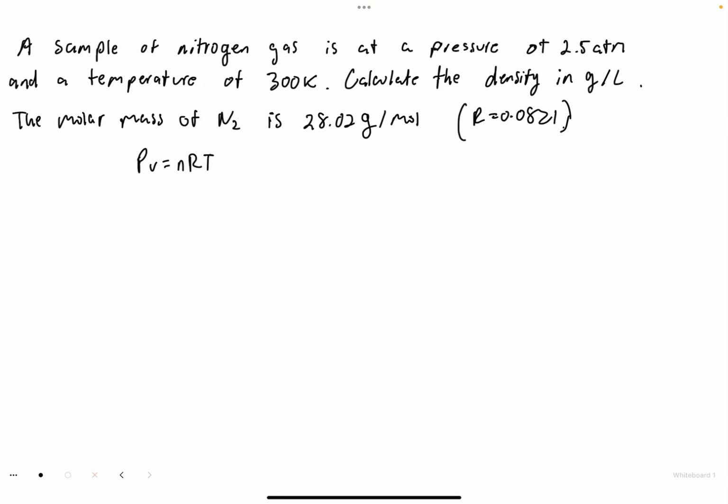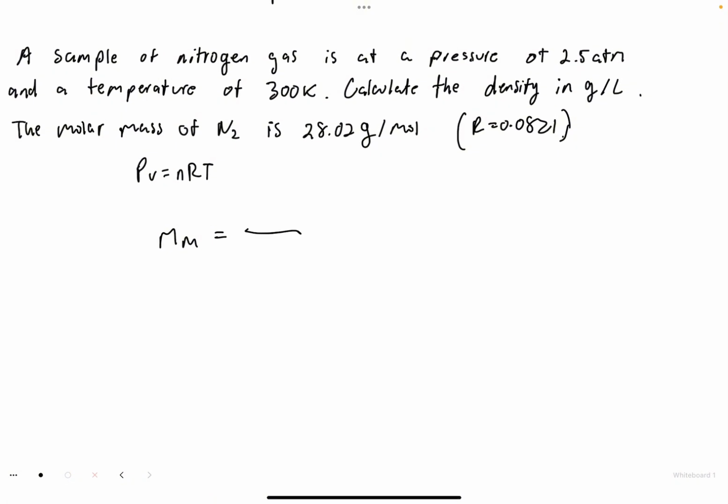But notice how there's no density and no molar mass in that equation. So we have to switch gears and use a different formula, which is right around the same. It's actually the molar mass is equal to dRT over P. That's how I remember it, so pressure is on the bottom. So the density, the R value, and the temperature.